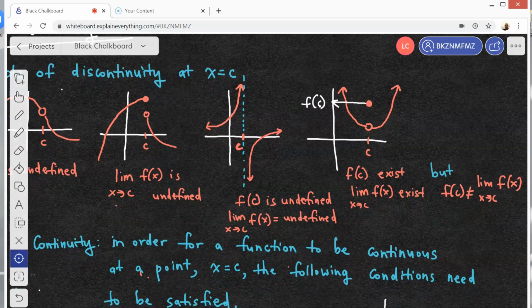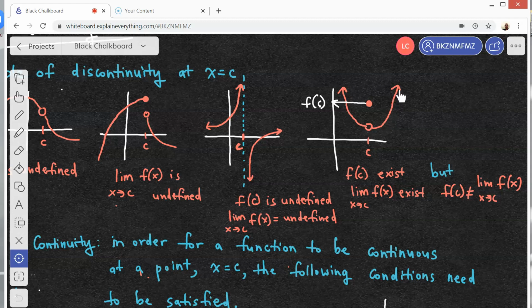So in the graph, at c, the y value is f of c. So we know that function is defined. At c, the function has this filled in circle, that's the y value. However, the limit, if you follow the graph from the left side, you're approaching a different y value. Whatever this y value is, where the open circle is, that's what the limit is.